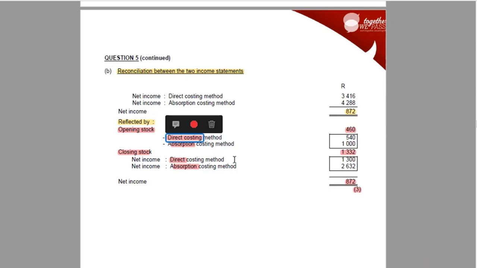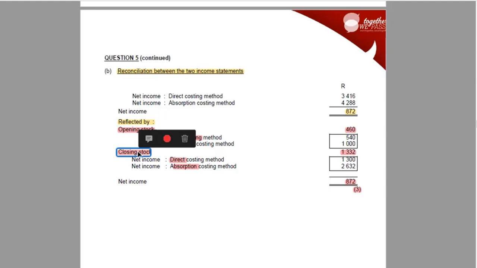And this question can come as a calc. Sometimes they ask you to discuss what is the difference between absorption costing and direct costing method. So you should be able to articulate that the difference results from when you have an opening and closing stock. Because if these two are not there, your net income would be the same. There won't be any reconciliation that you have to do. These amounts would be the same.